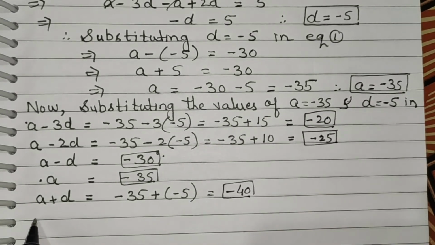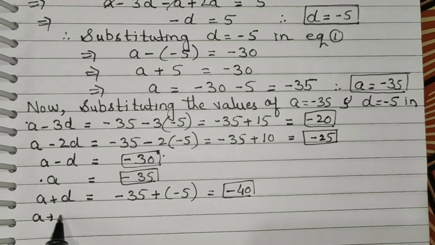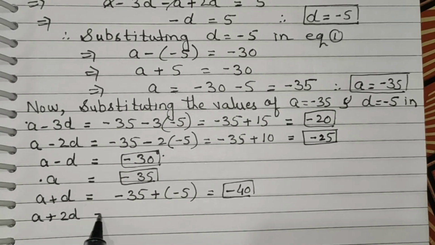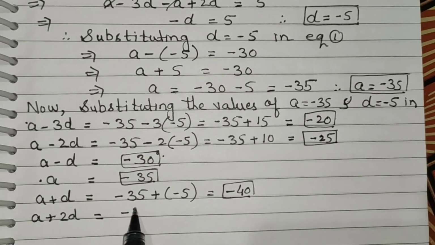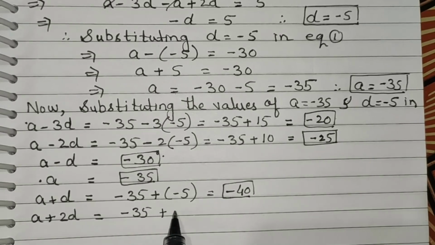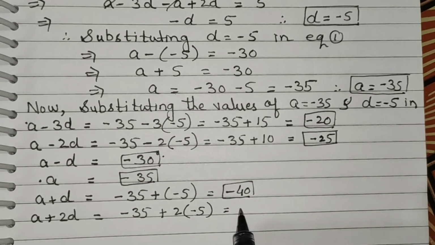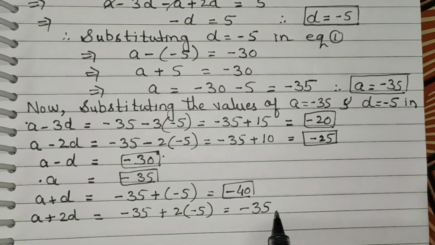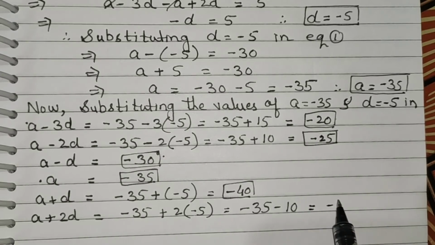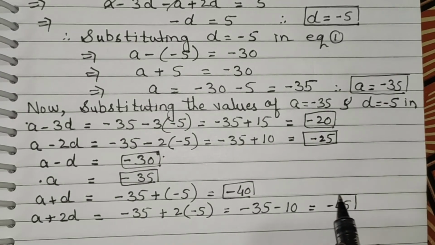And the next term is a plus 2d, which is equal to minus 35 plus 2 into minus 5, which is equal to minus 35 minus 10, we get minus 45.